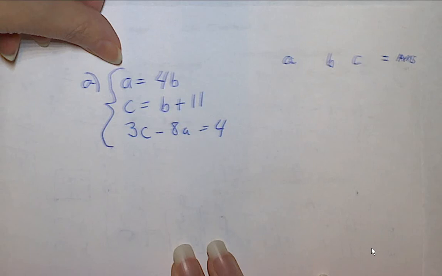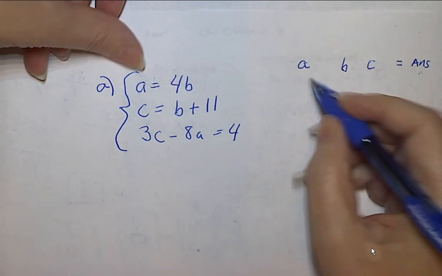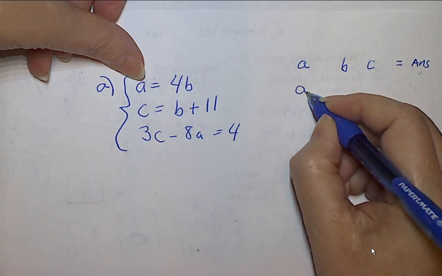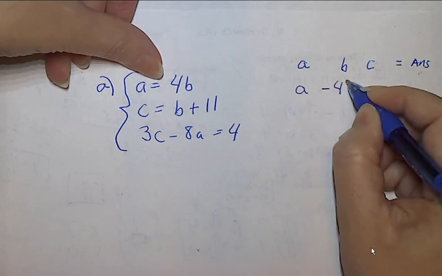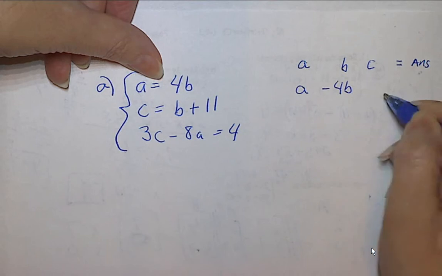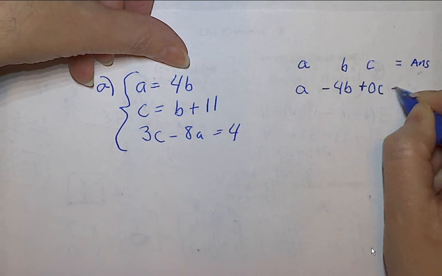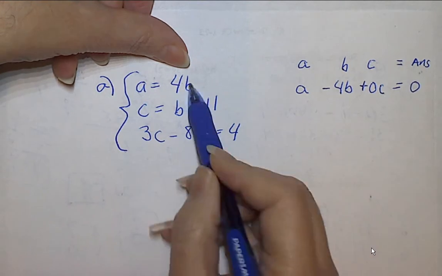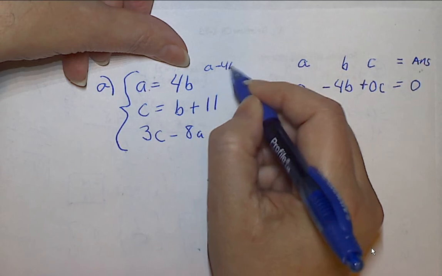Alright, so we are bringing them all over. So we have A, and then I'm going to bring this to the other side, so I have minus 4B, and I have no C, so I'm going to put plus 0C, and that equals 0, because if I bring this to the other side, remember, we have A minus 4B equals 0, right?